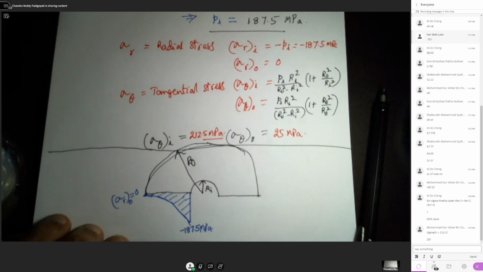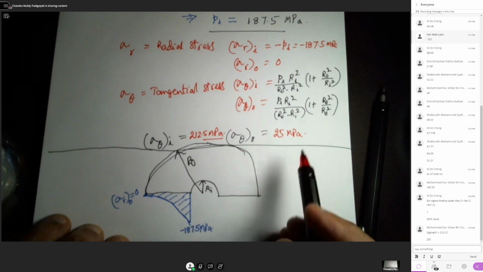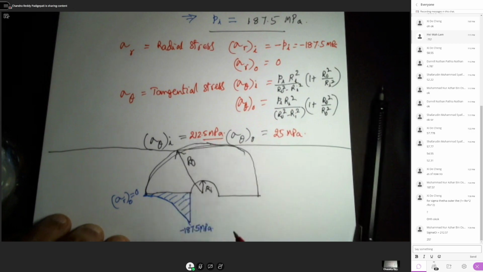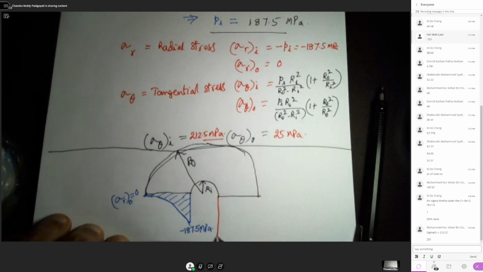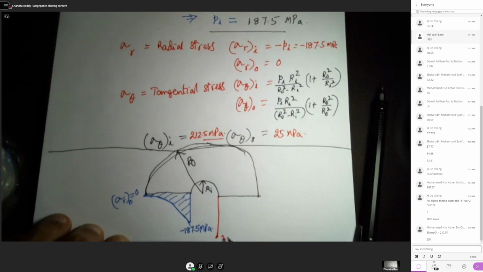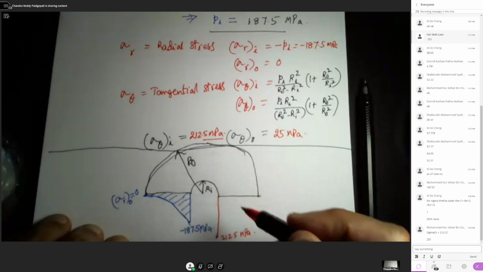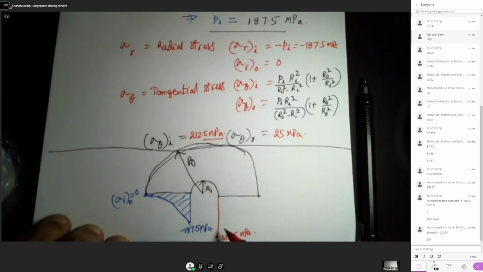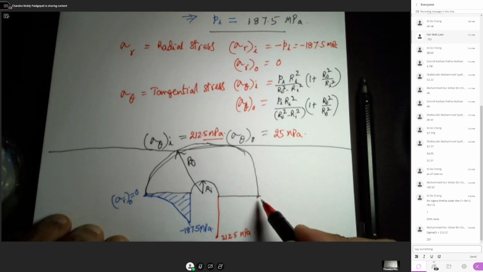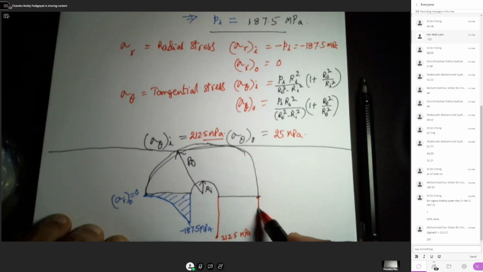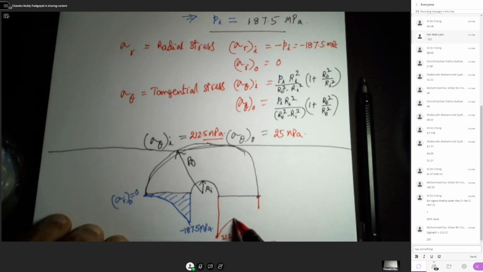But when you come to the tangential stress, the tangential stress at the inner radius is 212.5 megapascals. If you want to show it, you can show it above also. And at the outer radius, it is 25 megapascals. So it just varies like this.